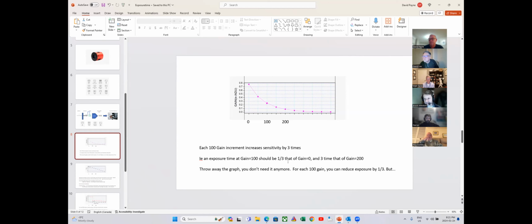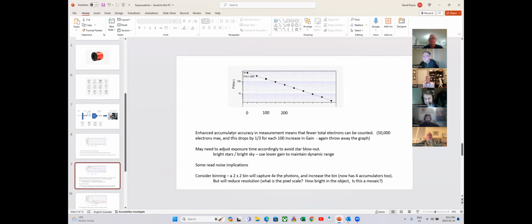It works basically the same as f-stop. But there is a price to be paid. There's a couple of prices to be paid, but one of the prices you pay for gain is, if you remember that accumulator, now a photon coming in, say at a gain of 100, is roughly generating 3 electrons output from the sensor.